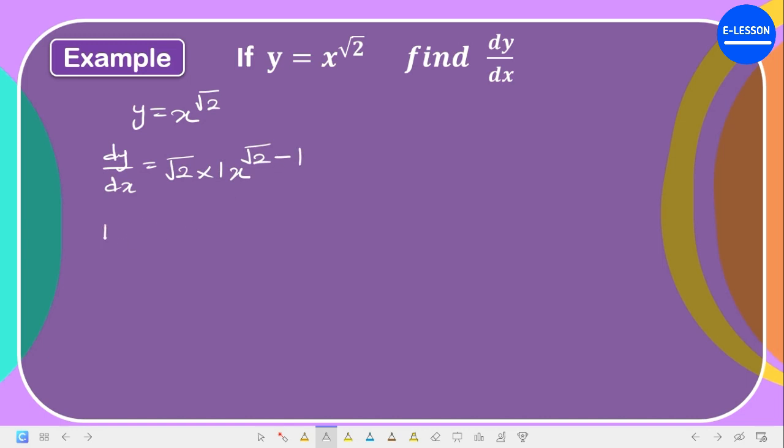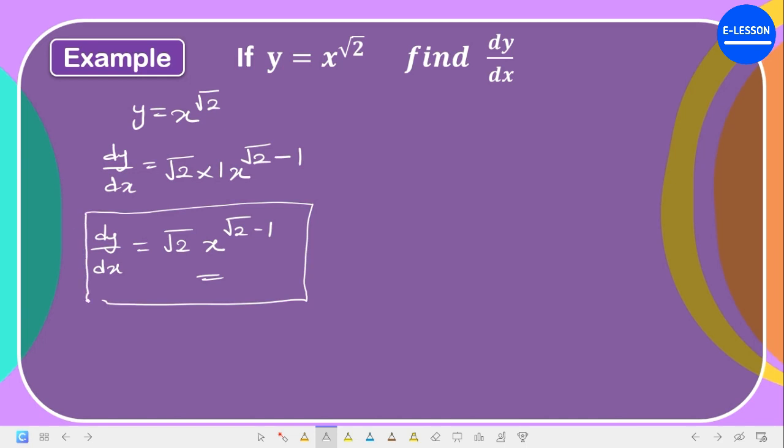And the final answer to this question is dy dx is equal to root 2 times 1 is root 2, then you have x, then root 2 minus 1. Now, if you know the value of root 2, which is 1.414, something like that, you can substitute in and then find your answer, but I would suggest you end here. So this is the answer to this question.